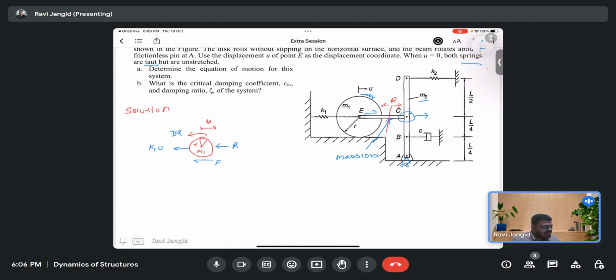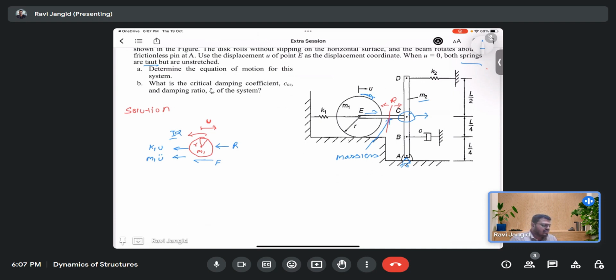The inertial force is the rotational I alpha, and there is one more, that is m1 u double dot.